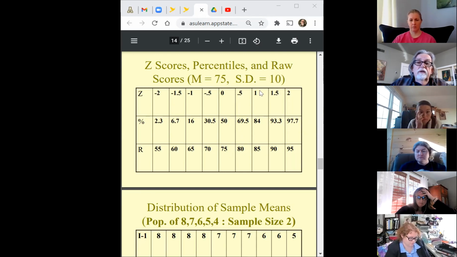At a standard deviation of 1, we would add 34% more area to that 50% that was out the middle. And so a score of 85, 1 standard deviation unit above the mean, would represent the 84th percentile, roughly.